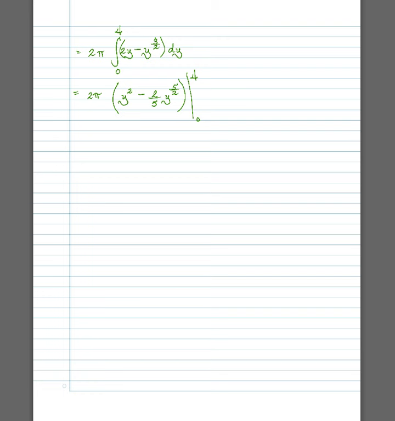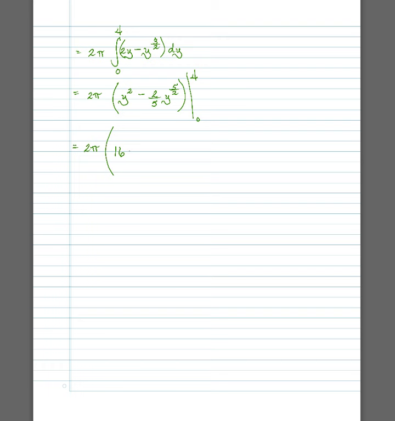If we evaluate this from 0 to 4, we get 2 pi times 4 squared, which is 16, minus this quantity. So 4 to the 1 half is 2. 2 to the 5th is 32. 32 times 2 is 64.